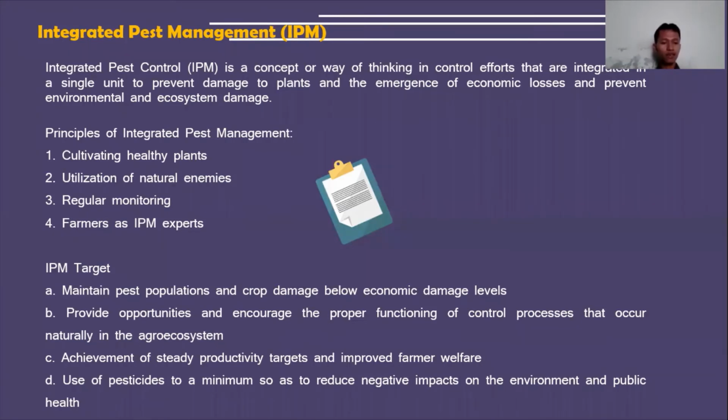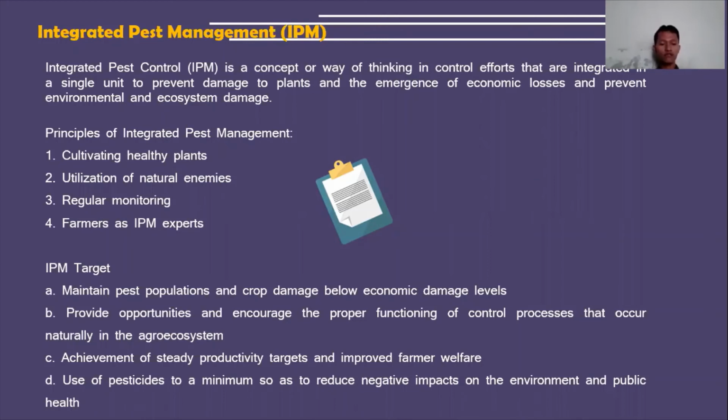Next, IPM target. A. Maintain pest population and crop damage below economic damage level. B. Provide opportunity and encourage the proper functioning of control process that occur naturally in the agroecosystem.